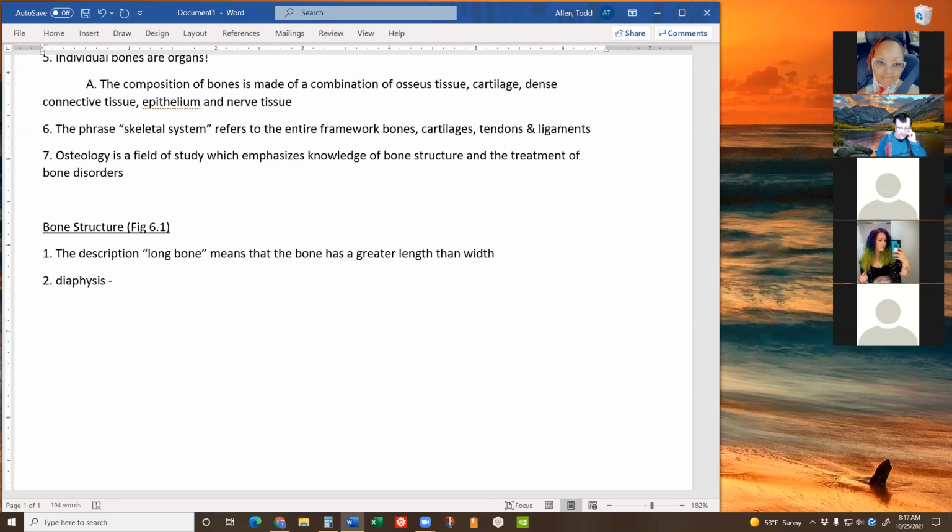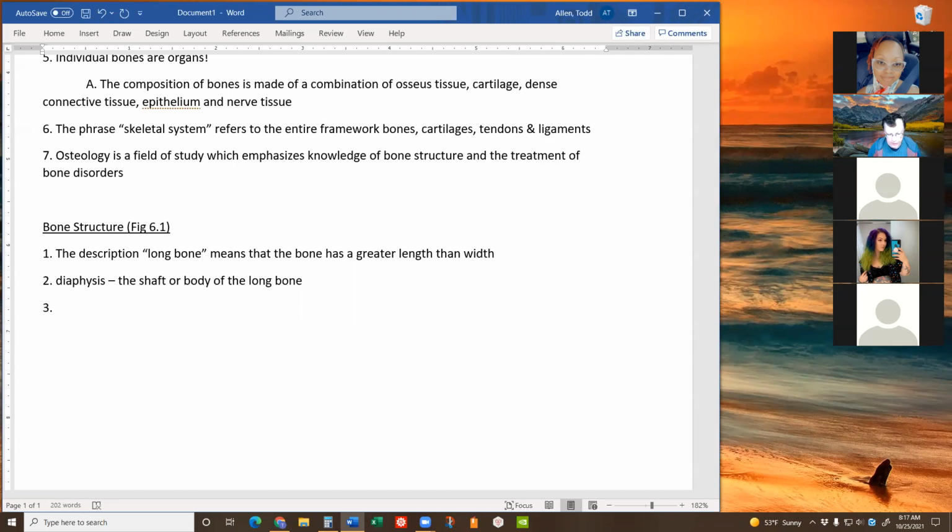The diaphysis is the shaft, or some people will describe it as the body of the long bone. If you know where the diaphysis is, then other things start to make sense. So you can consider making the diaphysis your anchor point for our conversation here.